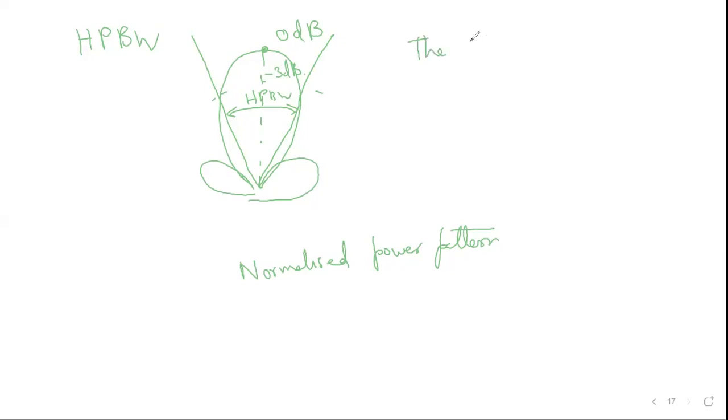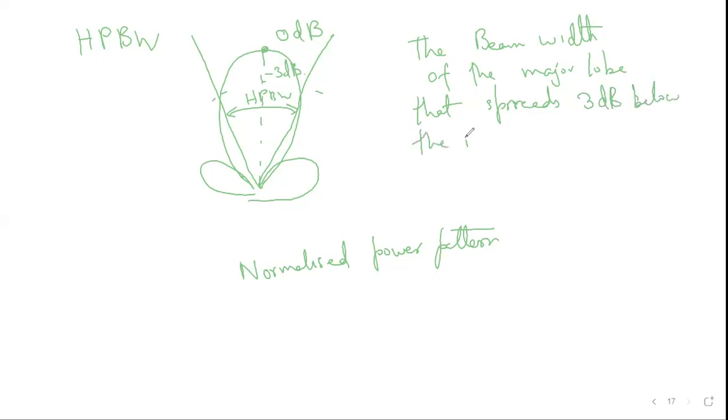The beamwidth of the major lobe that spreads 3 decibels below the maximum value gives the angular measurement of HPBW.